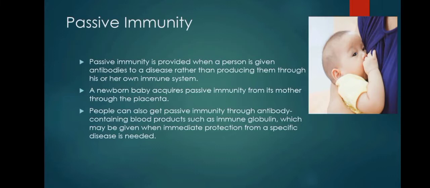For example, antibodies in a mother's breast milk give a baby temporary immunity to diseases the mother has been exposed to. People can also get passive immunity through antibody-containing blood products such as immune globulin, which may be given when immediate protection from specific diseases is needed.